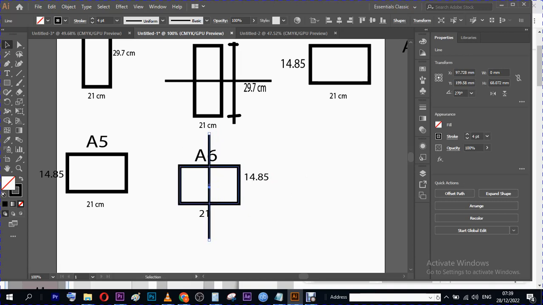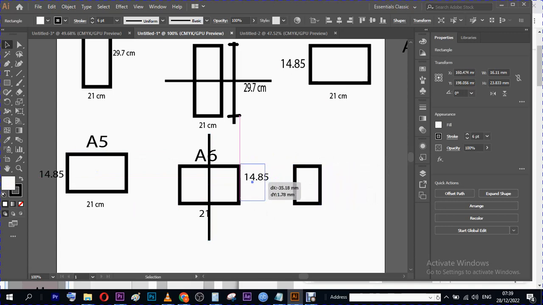If we divide an A6 in the middle, we are now dividing the 21 in the middle. So we leave the height untouched now. We are dividing the width.